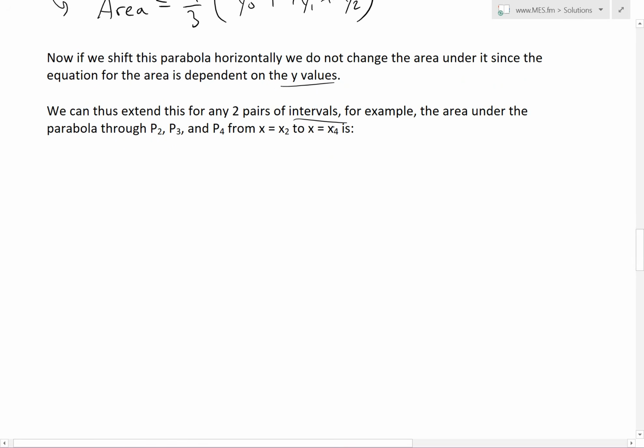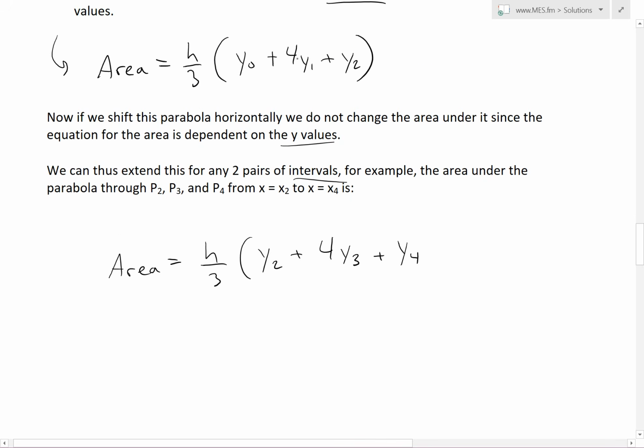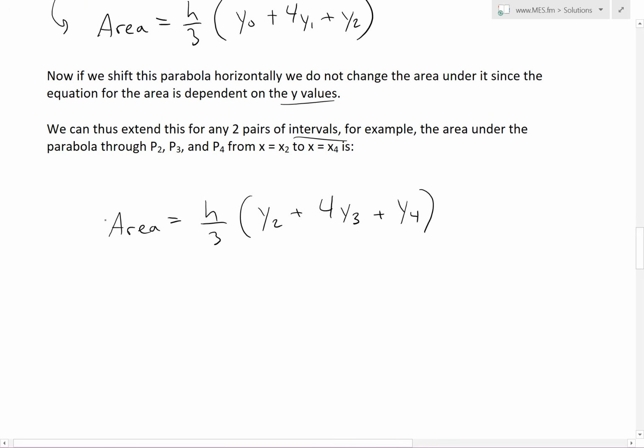That's just going to be, in this case, area equals h over 3 still, and now we just have y2 plus 4y3 plus y4. So exactly the same thing here, and that's our new area.